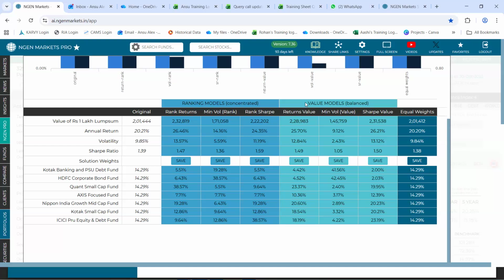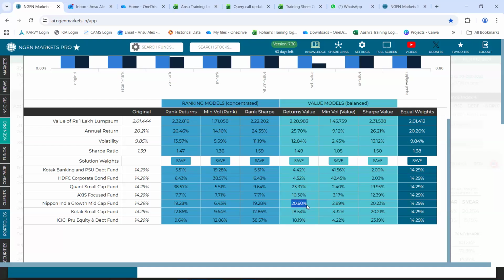Now, I'll also quickly explain the value models as well, which is labeled as a balanced approach model. Now, within this model as well, the objectives are same as we viewed in the ranking model. The returns value, minimum vol, and Sharpe value. The only difference that you see between the ranking model and value model will be in terms of its allocation. You see, the best allocation is to an extent of 23% to quant small cap when we focus on this returns value, while the second best allocation is to an extent of 20%.